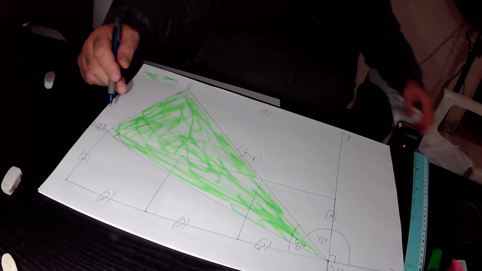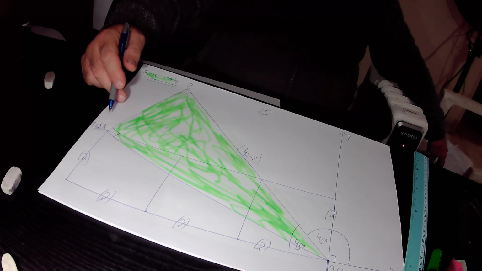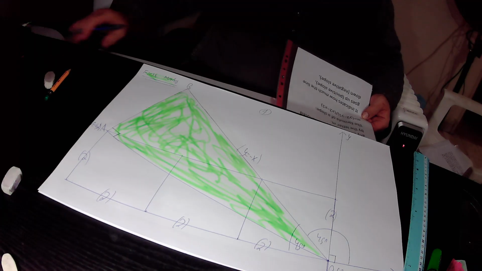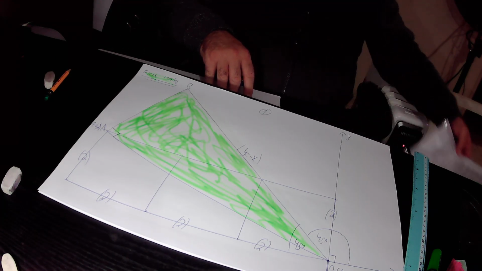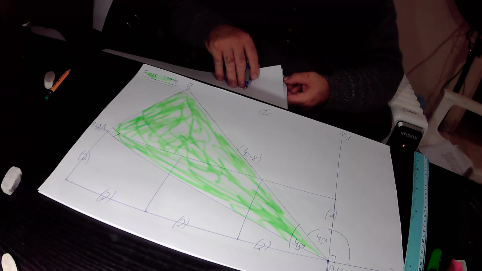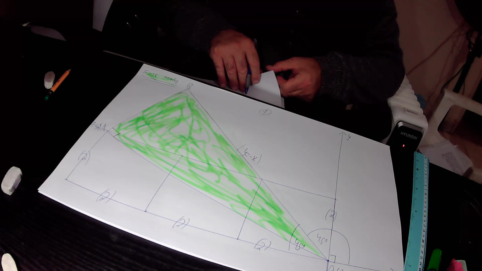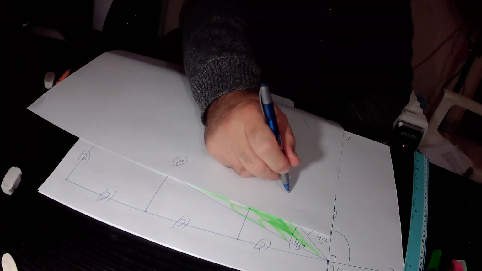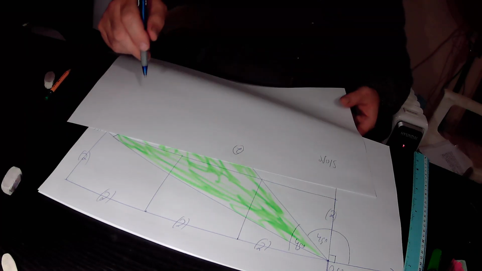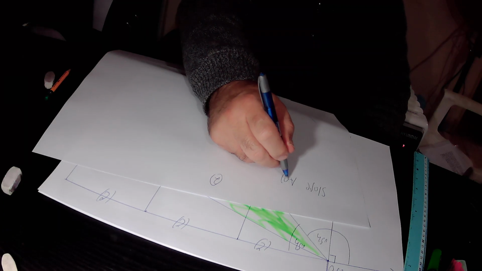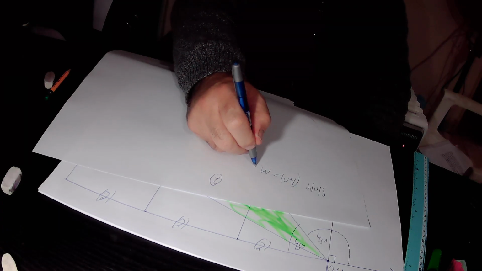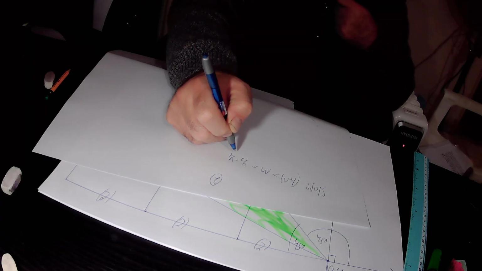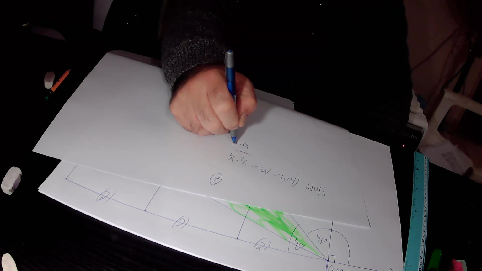And the slope of the straight line AO, M, equals y2 minus y1 over x2 minus x1.